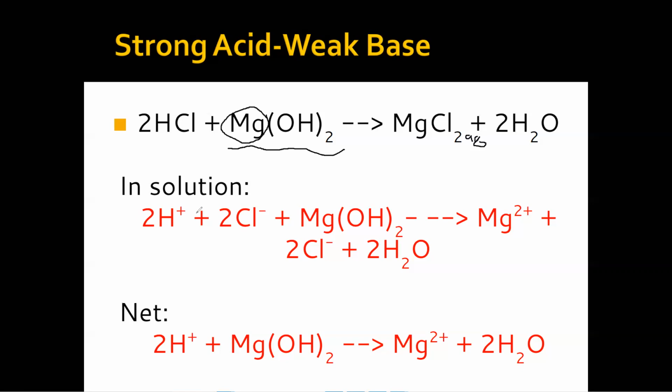So this, in our complete ionic equation, is going to remain a molecule. And now on the right side, we have our Mg2 plus, our 2Cl minus, and we have water because again, water does not ionize. So when you're crossing stuff out, you're only crossing out what is aqueous on both sides. So in this case, we're crossing out our magnesium on this side.